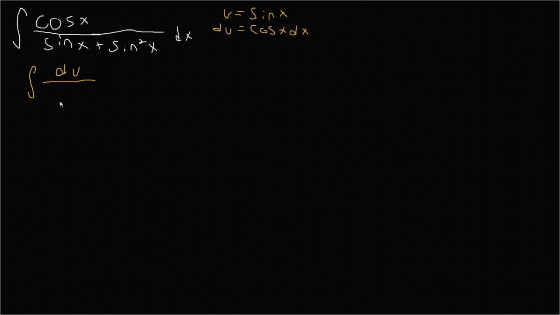So we're going to say u plus u squared, because that is what sine squared means. And so now we can factor the bottom, because we see that we can. So now we can just say du over here.